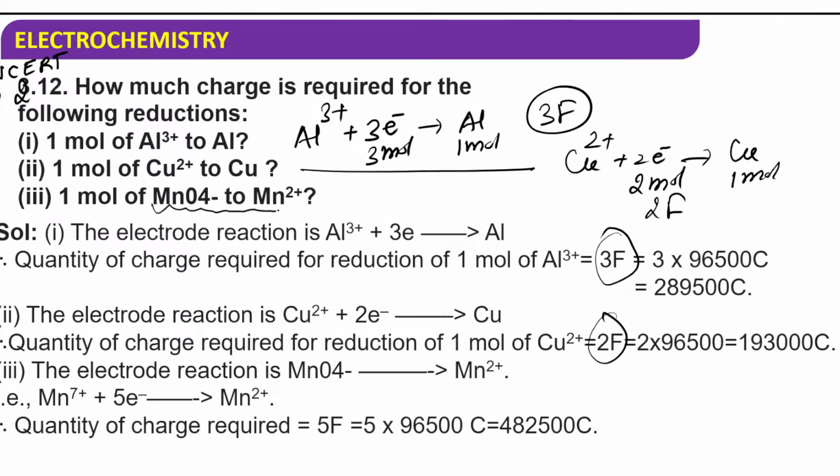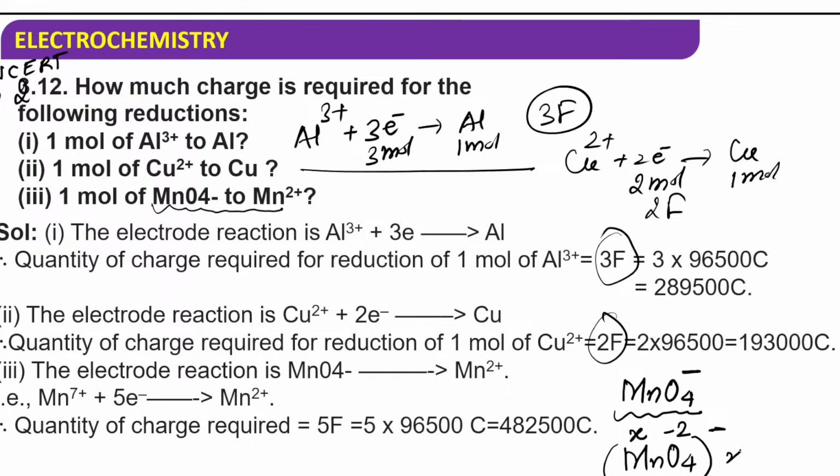Last one, keep in mind, it is MnO4 1 negative. So we need to calculate oxidation number of manganese first. So in MnO4 1 negative, take manganese as X, oxygen minus 2.